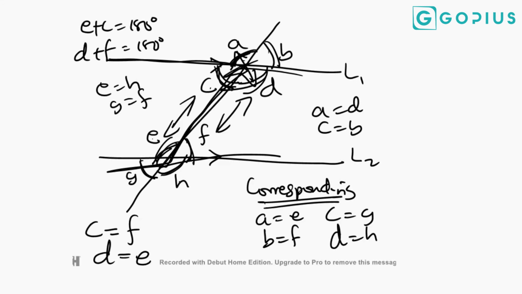Don't forget, I told you that supplementary angles are angles that add up to 180. All right, so the theorem is that interior opposite angles are supplementary. So E and C are supplementary angles, they will add up to 180. And also D and F are supplementary angles, they will add up to 180.